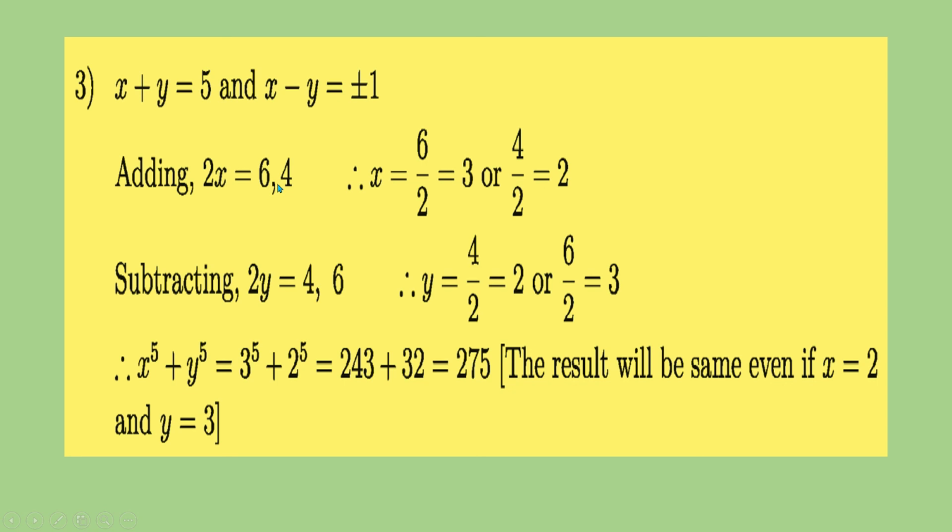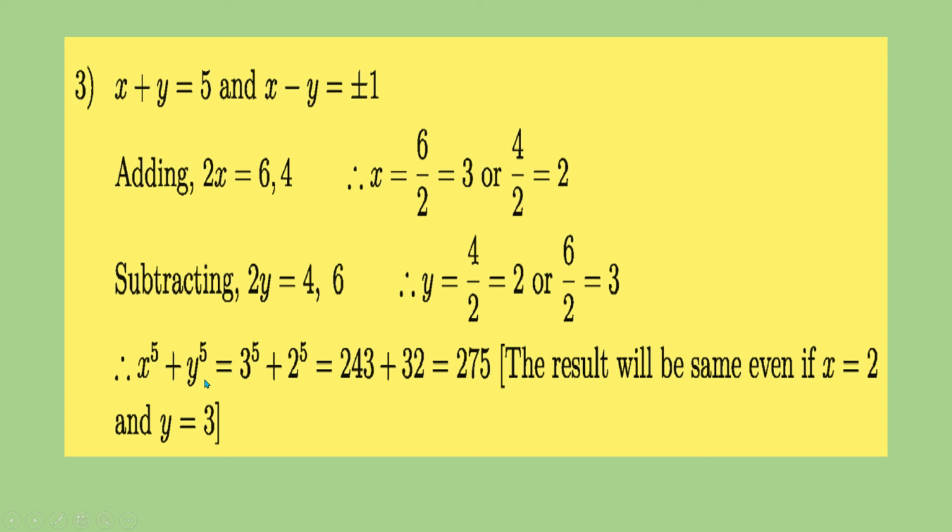Therefore x is equal to 3 or 2. And subtracting we'll get 2y equals 4 or 6. When we take x minus y equal to 1, here will be 4, and with minus, we'll get 6. Therefore y is equal to 2 or 3.